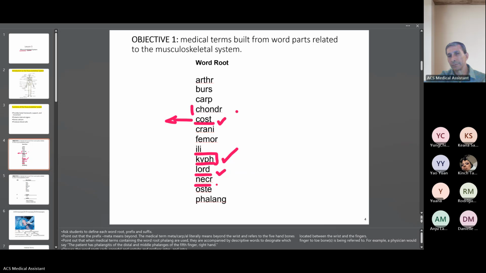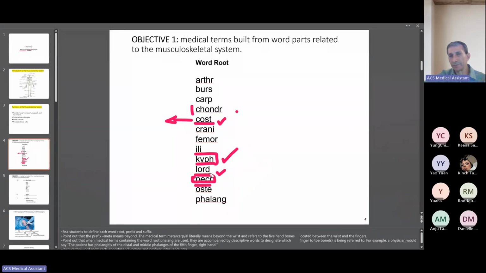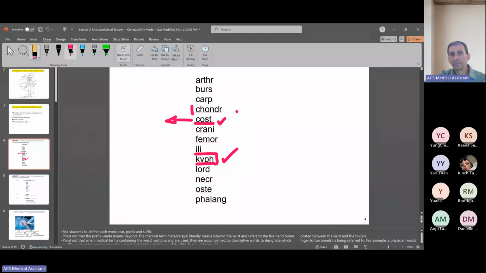Necr or necro means dead tissue. Remember, necrosis, dead tissue. Very important to know that. Oste, very easy.